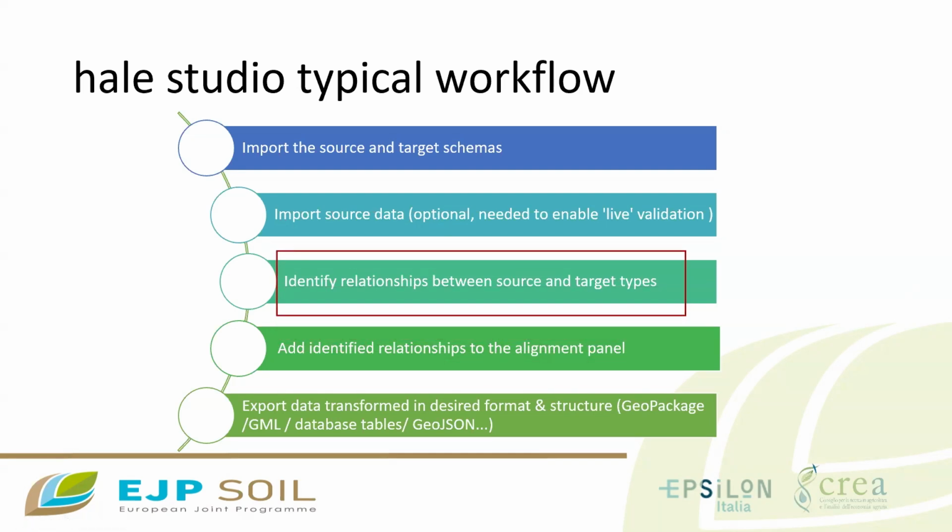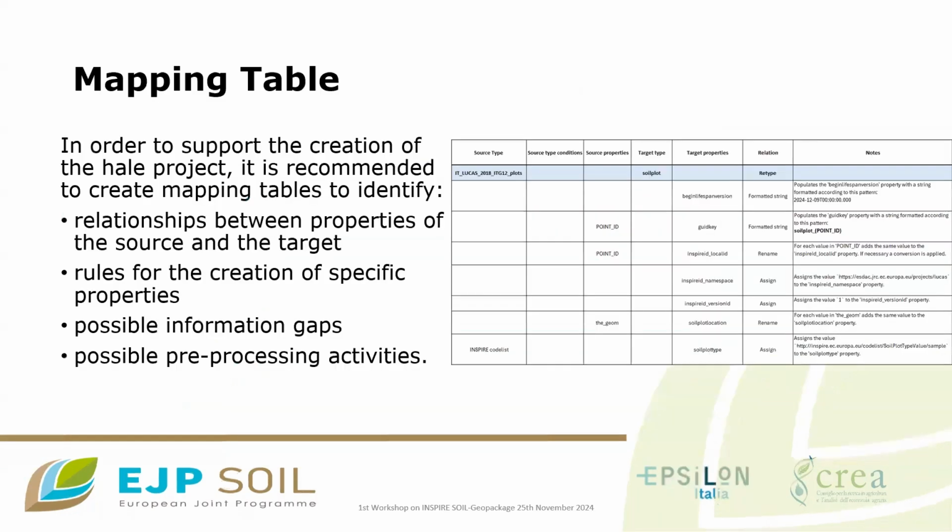Just a recommendation that is related to the identification of relationships between source and target types. In order to support the creation of the Hale project, I recommend to create mapping tables before starting to create the project.